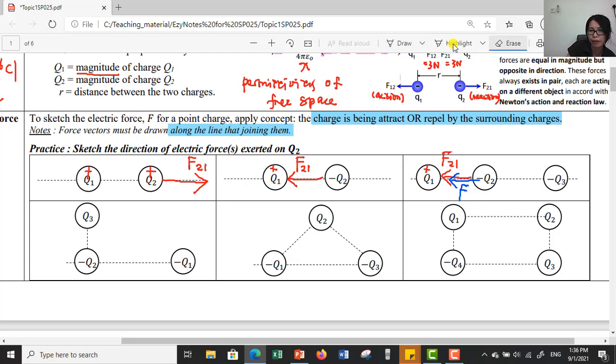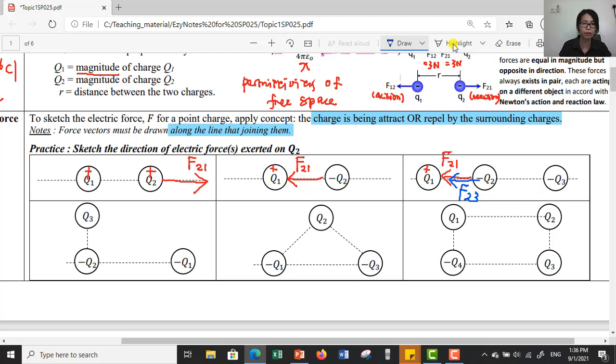So, kita akan ada force F23. So, F23 ni adalah repulsive force. Kenapa repulsive force? Sebab charge Q2 adalah negatif, Q3 adalah negatif. So, Q3 yang negatif akan menolak Q2 jauh daripada dia.